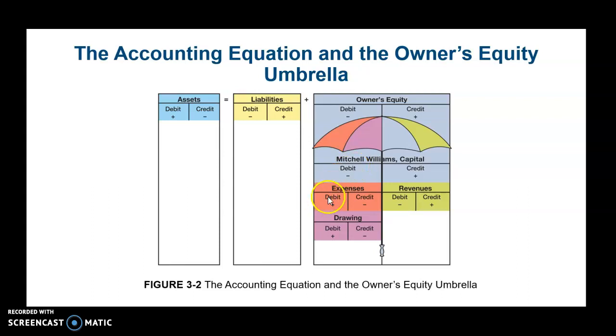That is why expenses and drawing are opposite of capital on which side increases and decreases. Revenue increases capital, so it's just like your capital account. Expenses and drawing decrease it, so they're more like your assets account. They increase on the debit side and decrease on the credit side.